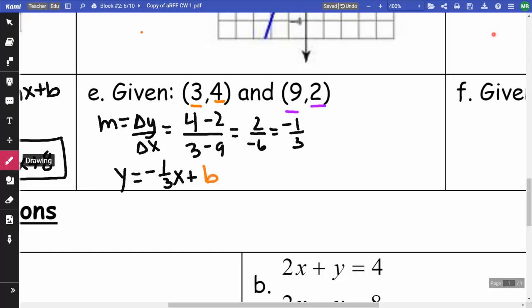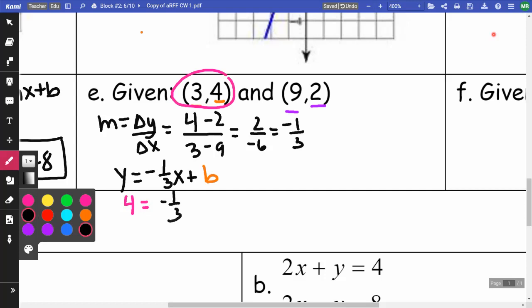So I'm going to try to find that b. So we can use either point. So I think I'm going to use this point. So I'm going to go 4 is equal to negative 1/3 times 3 plus my b. Okay, again, I'm trying to find my b.